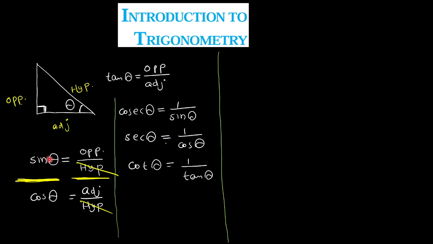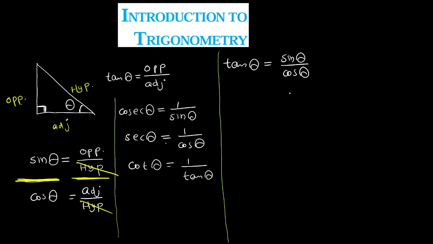So what I am saying is sin theta by cos theta will be tan theta. It is the most important identity in this chapter: tan theta equals sin theta by cos theta. In most of the questions we require this.